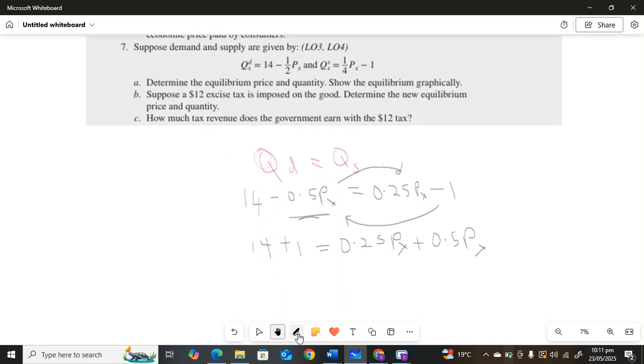So 14 plus 1, that is 15. 0.25 plus 0.5, that is 0.75 Px.